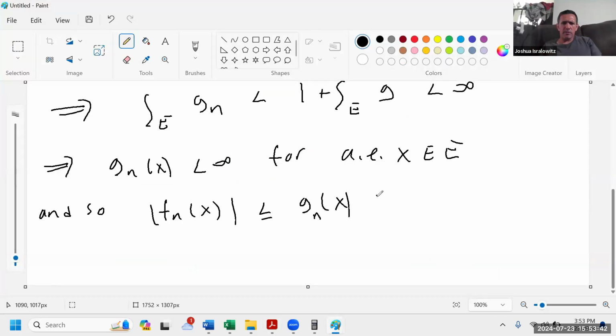So this is less than or equal to g_n of x, which is less than infinity. That is true for almost every x in E.